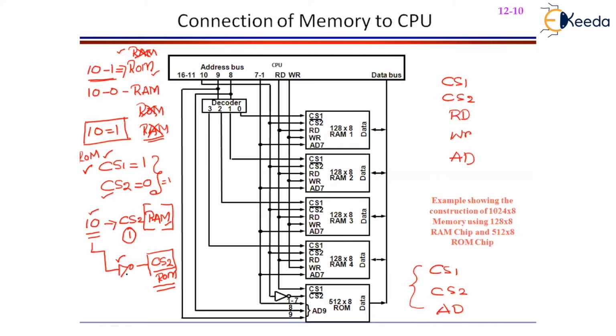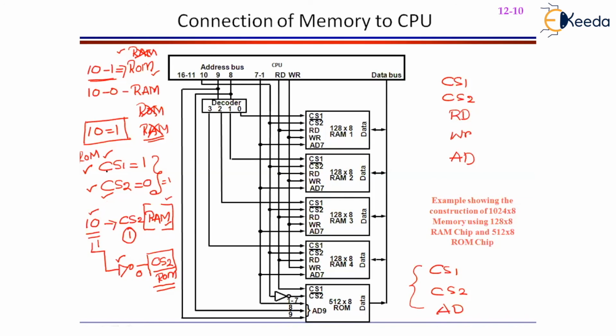Which means that whenever the 10th digit is equal to 1, of course, all the RAMs will get directly disabled because the 10th digit is directly connected to all the CS2s. So CS2 will be equal to 1, so the RAM gets disabled, and then this 10th digit is inverted and connected to CS2 of the ROM. Whenever it is inverted, CS2 will be equal to 0, which means that one selection rule is satisfied. That is, CS2 is equal to 0.